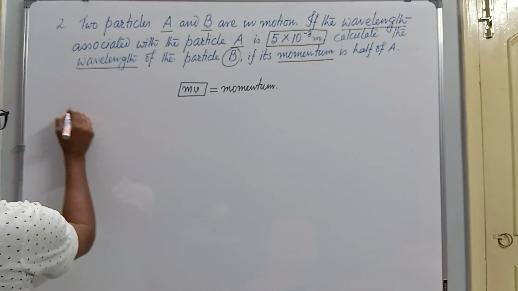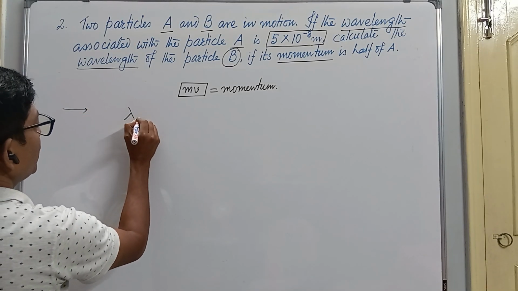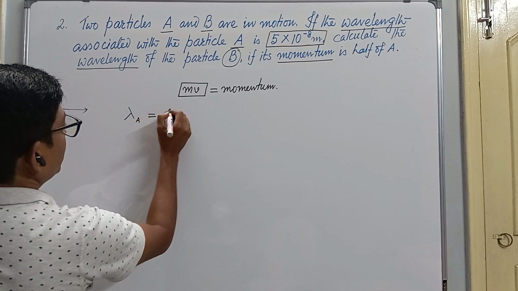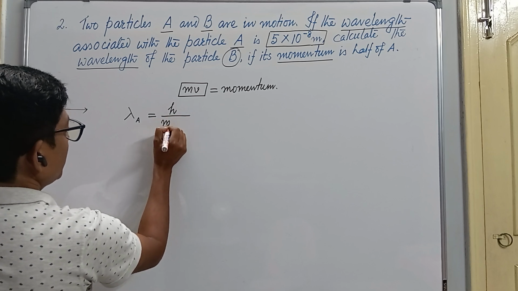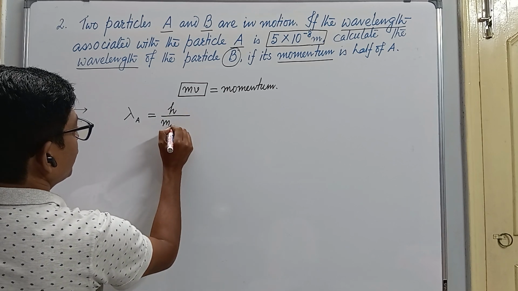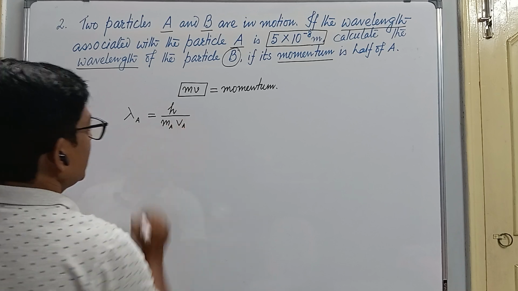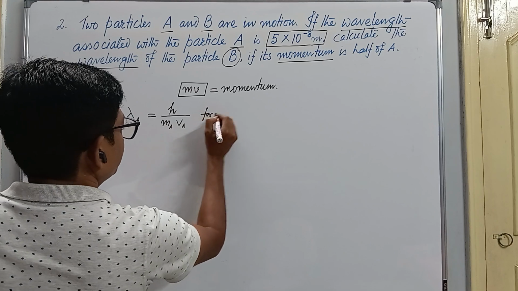So to start with this numerical problem, I am considering the wavelength associated with particle A as lambda A, which is equal to h, a constant, divided by mass of A and velocity of A. So this is for particle A.